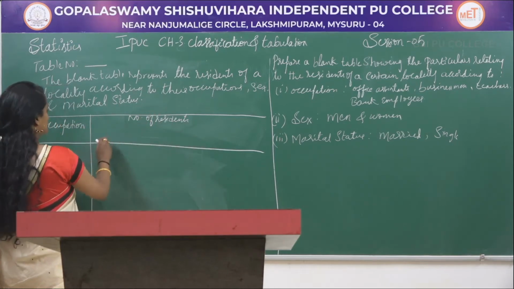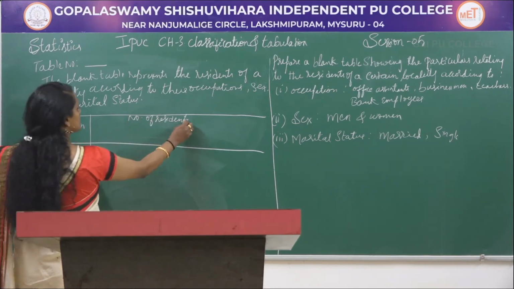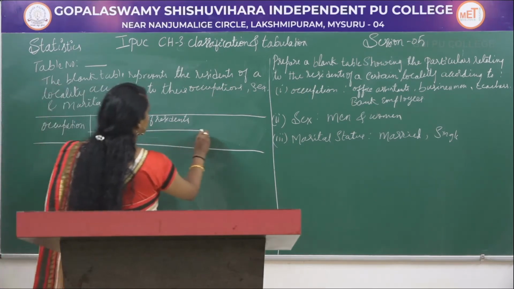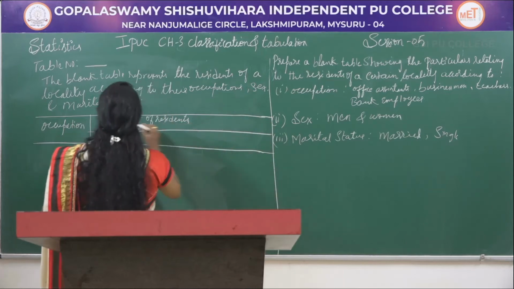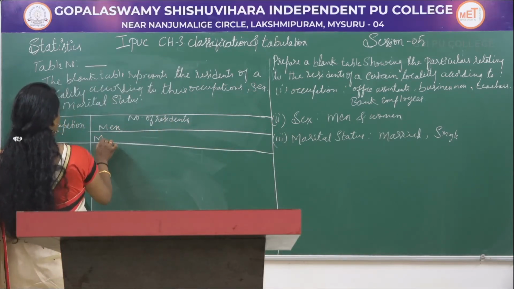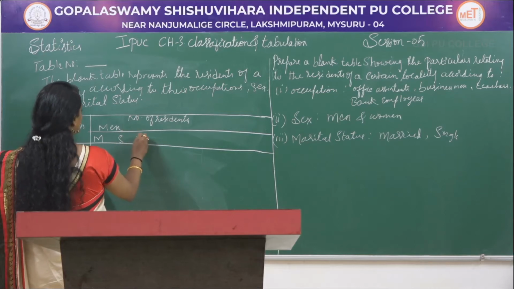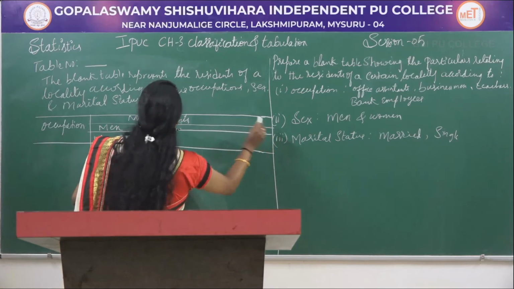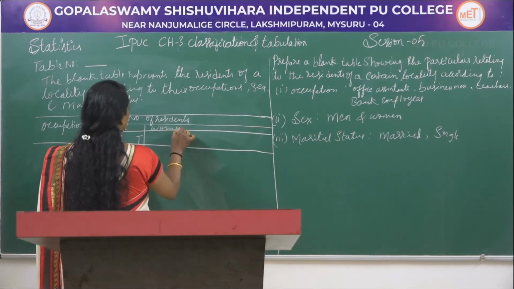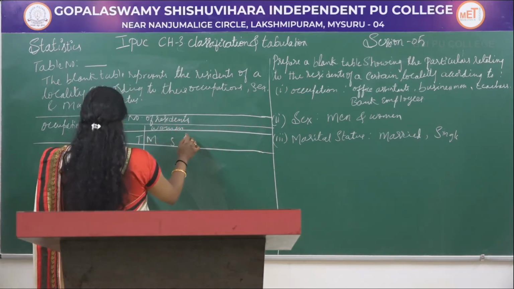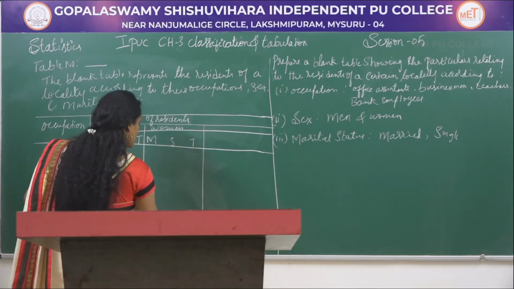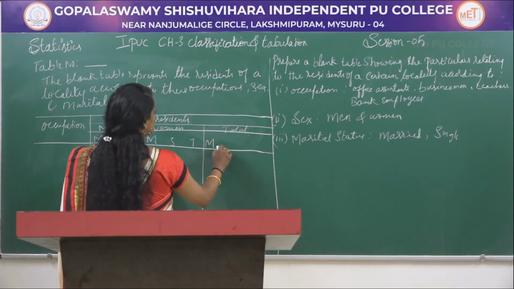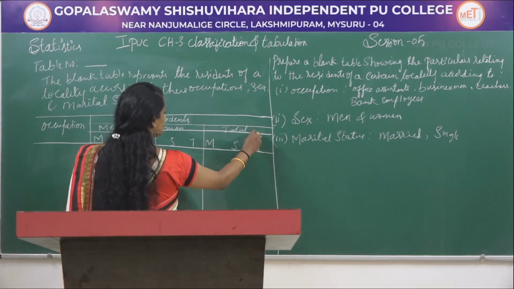In number of residents, here we have men. Under men, it is married, single, total. Similarly, for women, married, single, total. And for grand total, it is married, single, total.